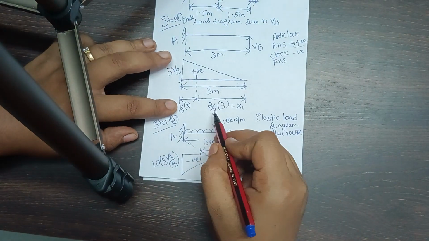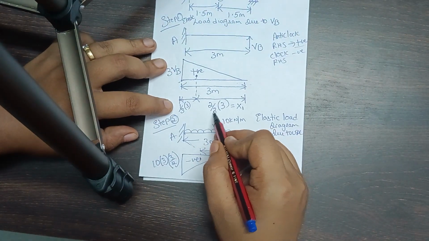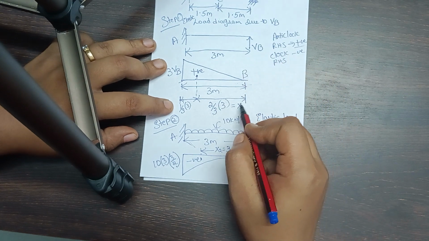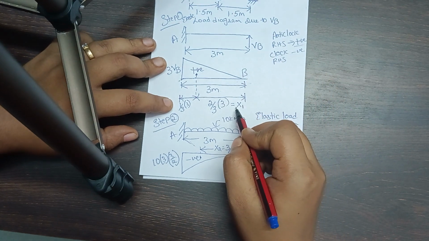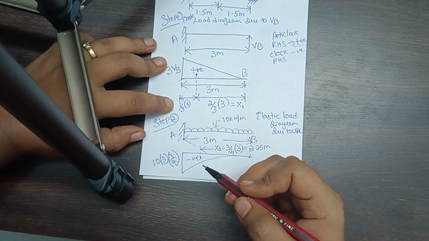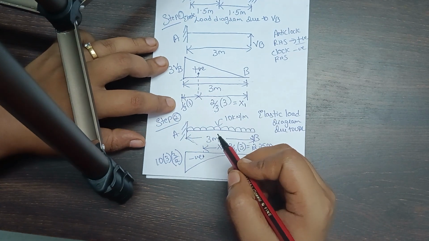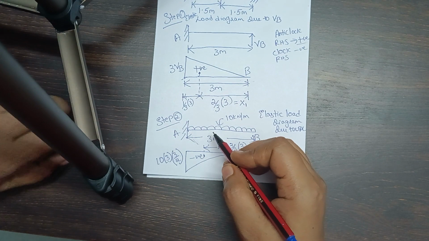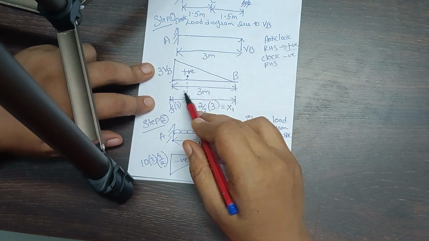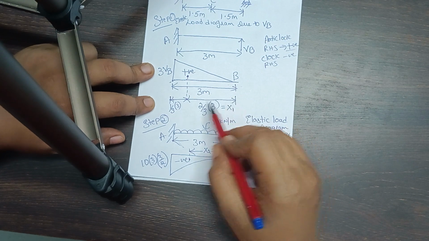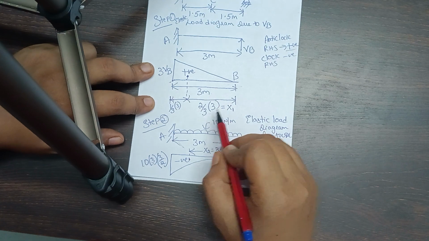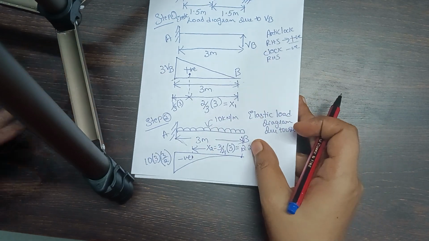Here x1 is 2/3 of 3, because from B itself we are going to take the convention. Why? Because we know that the deflection for a proper point is 0. Therefore the proper point is B, so from B itself we take the distance of the centroid. So x1 is equal to 2/3 of 3.